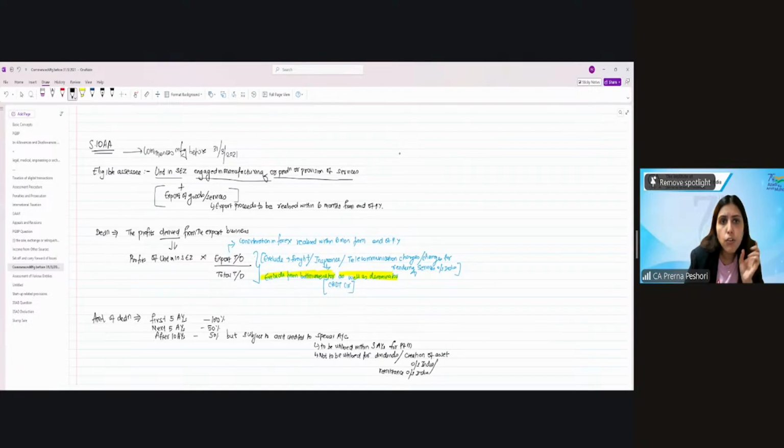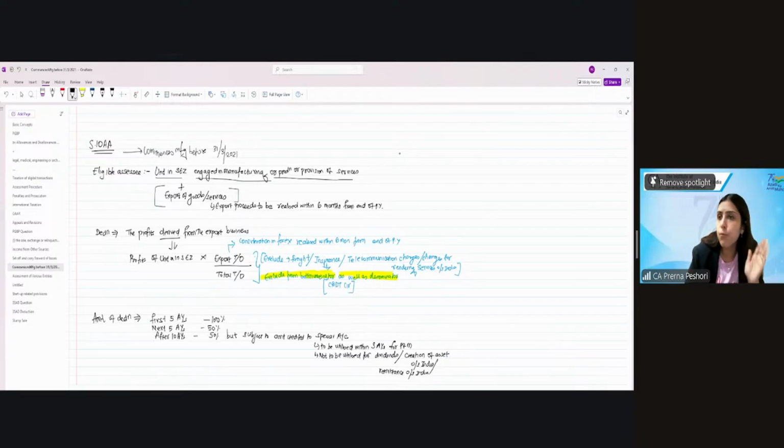Now here also you are mandatorily required to file the return of income before the due date under 139(1), and you are also required to submit the audit report before the due date under 44AB. Plus, if you are transferring goods or services from the eligible unit, or 10AA unit, to a non-eligible unit, it has to be at fair market value.